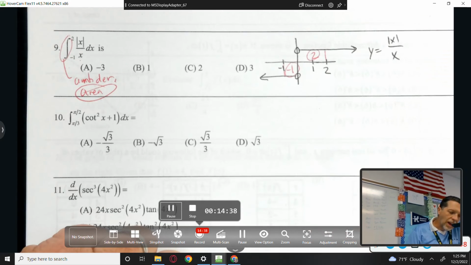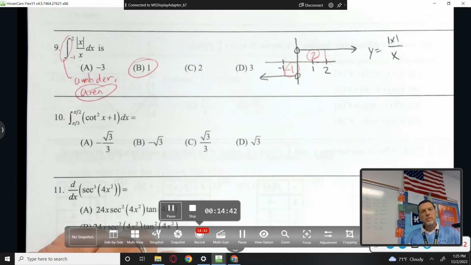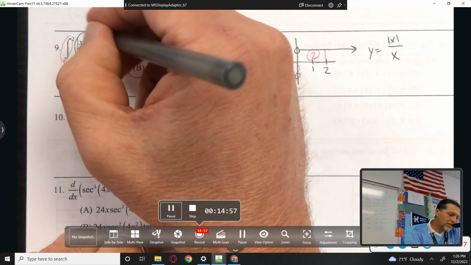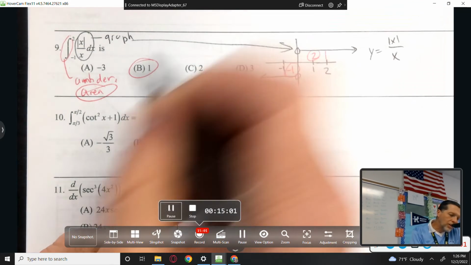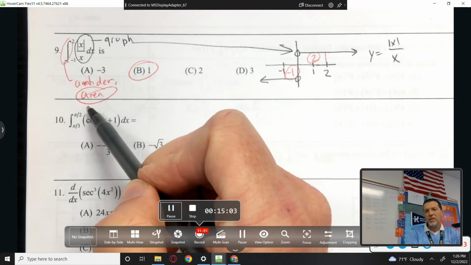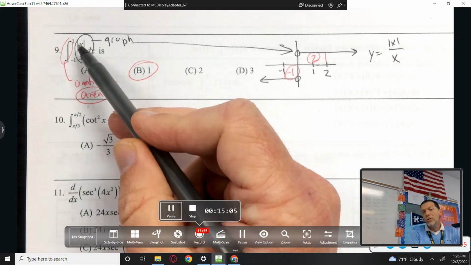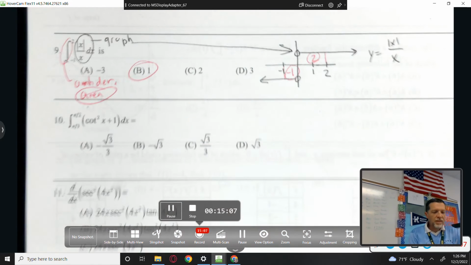I add them together and I get 1. So that's another classic type of AP problem where the computation is really easy, but you had to know what this graph was, and you had to know that the integral also means area. If you knew those two things, the problem doesn't take long at all.